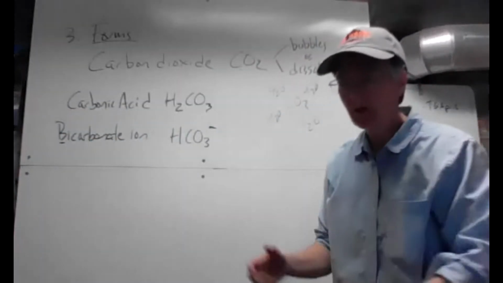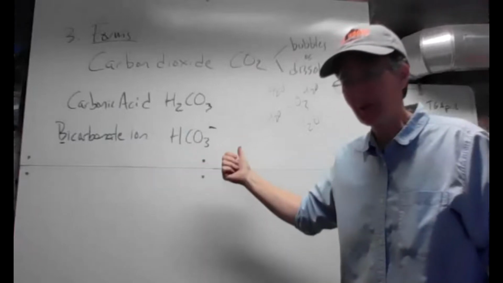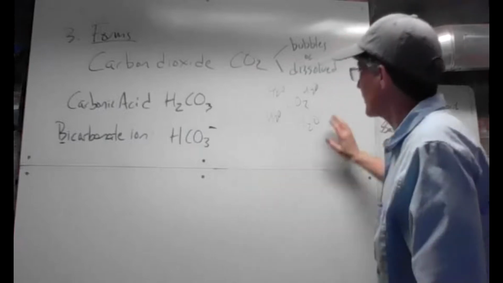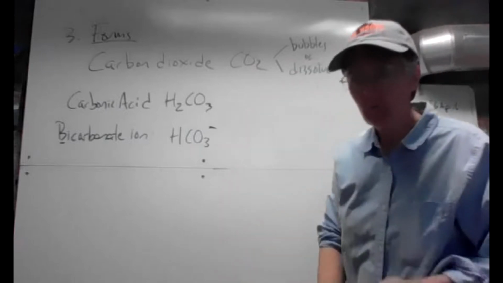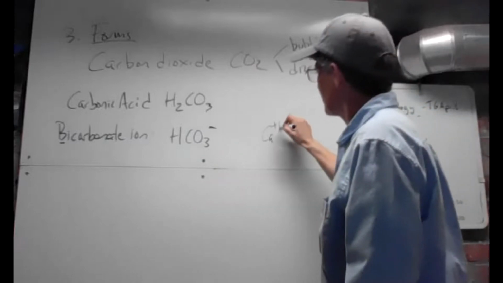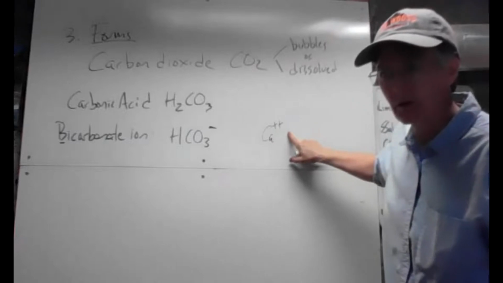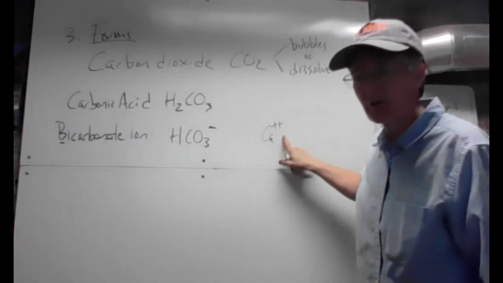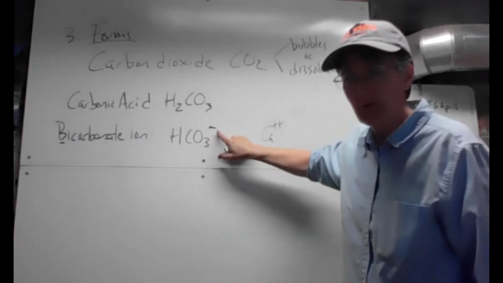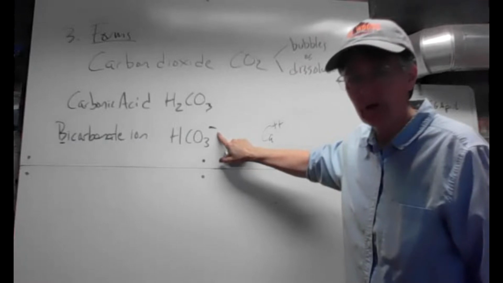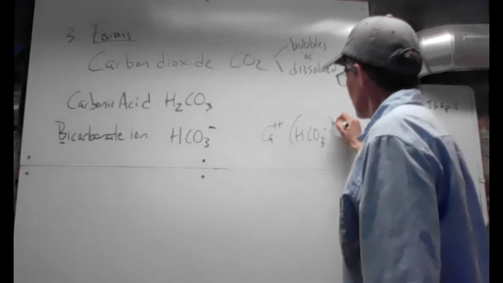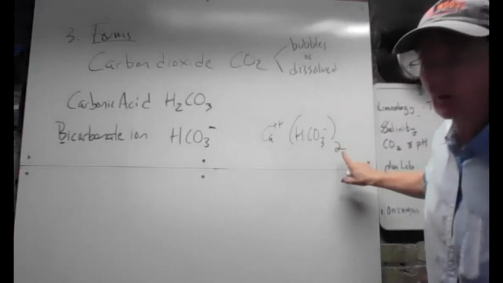Now, you'd be like, why is it called bicarbonate? There's only one carbon in it. Okay, that's not where the name comes from. I think the reason that it's called bicarbonate is that when you combine it with calcium, calcium has a 2+ charge on it. So you could make calcium bicarbonate, but because it only has a -1 charge on it, you would need 2 of them.